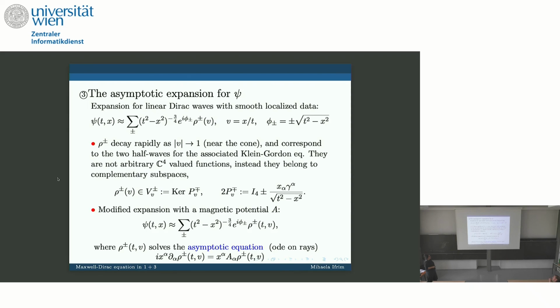And this is something that tells you that this is an ODE that's solvable, actually. And so you don't need to worry, like Daniel was showing you, that you need to care about this. You already know it's a scalar real electromagnetic potential. You already know it's real. You already know you have solutions. So that gives you an idea that you can find this profile rho plus, rho minus.